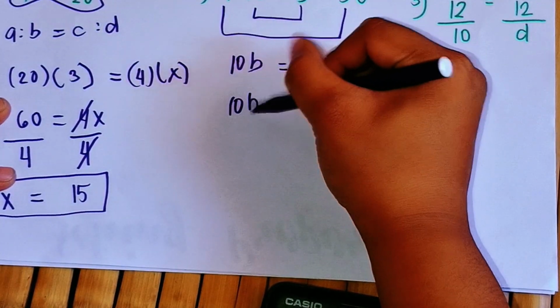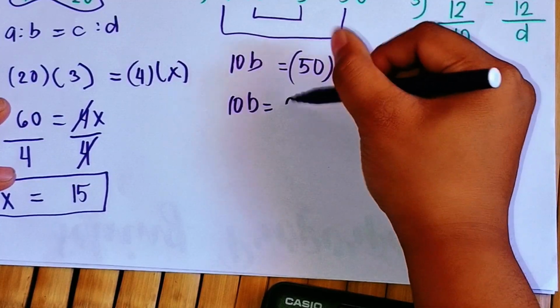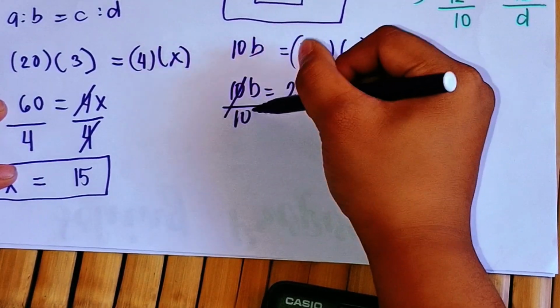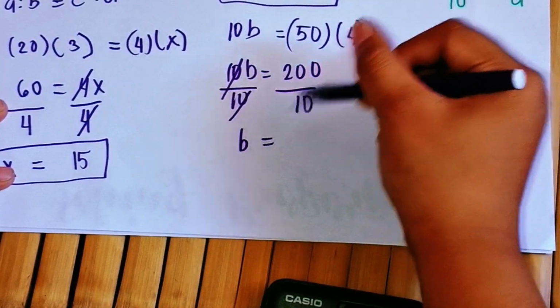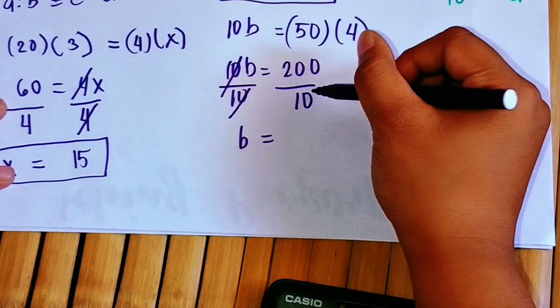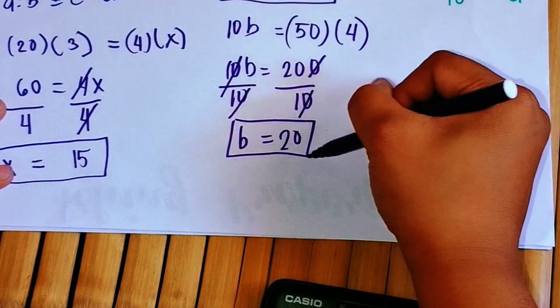So we have 10b is equal to 5, 10, 15, 20, 200. And we need to divide it by 10 to cancel the 10. And b is equal to 200 over 10, which is 20. So our b is 20.